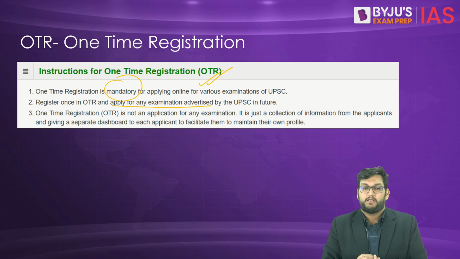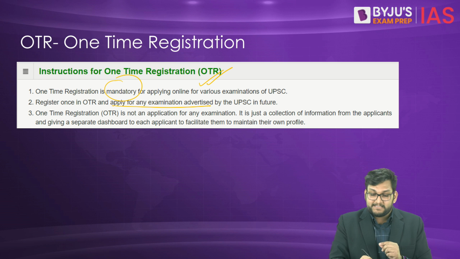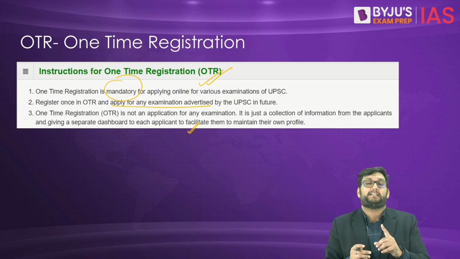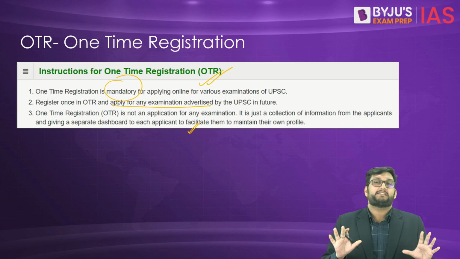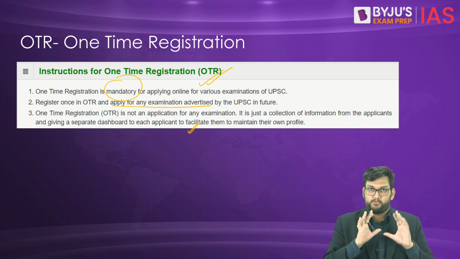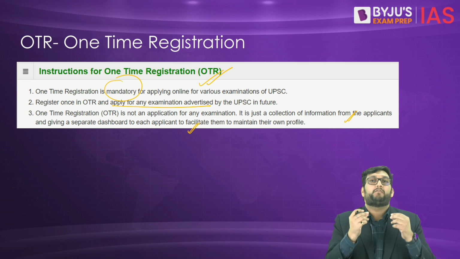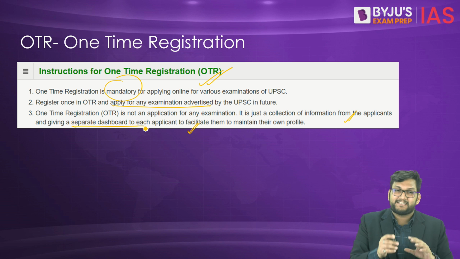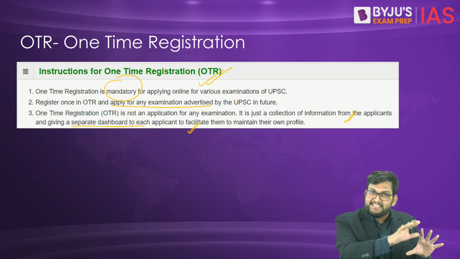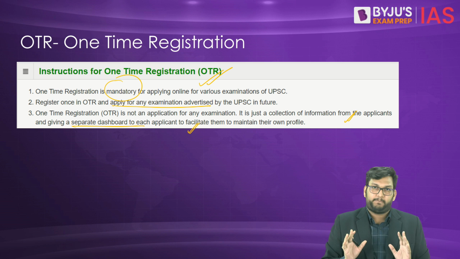One very important thing which UPSC has also pointed out is that OTR in itself is not applying to any examination. It's just filling up basic data with UPSC and keeping it with the UPSC for quicker application to forms. So the basic point is it's a separate dashboard for each and every examination to facilitate the applicants.